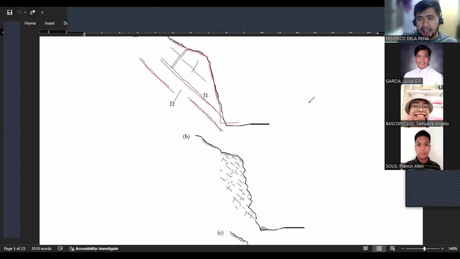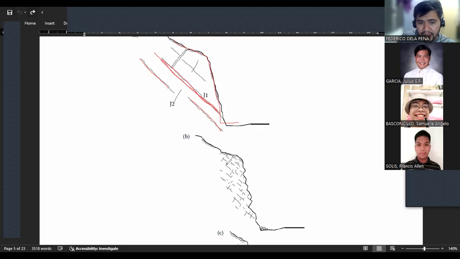Now, persistence, normally, we will call a discontinuity highly persistent if it is actually cutting or almost cutting through the whole rock slope, like this J1 discontinuity. Or in other books or standards, sometimes they use 3 meters as the lower limit for a highly persistent discontinuity.